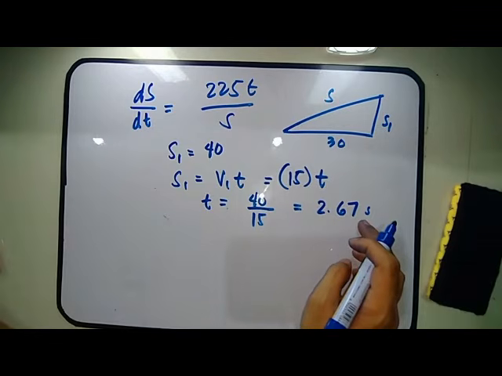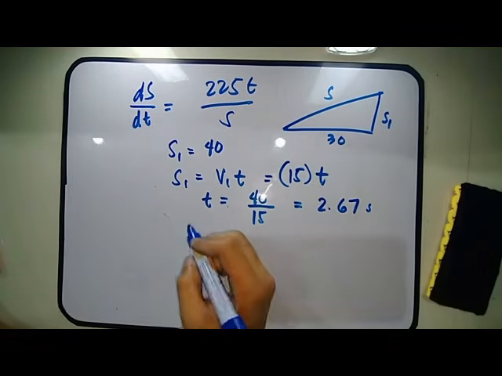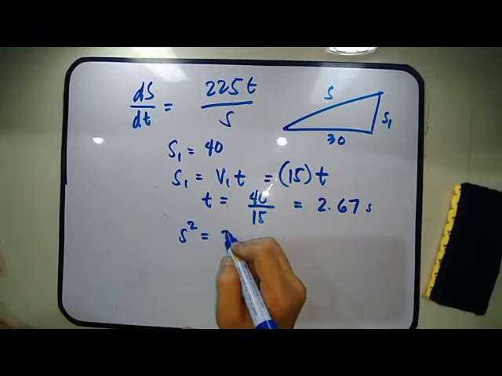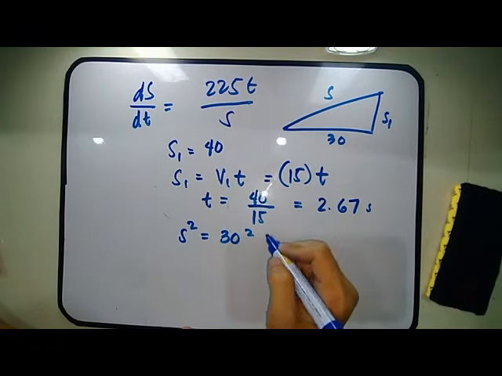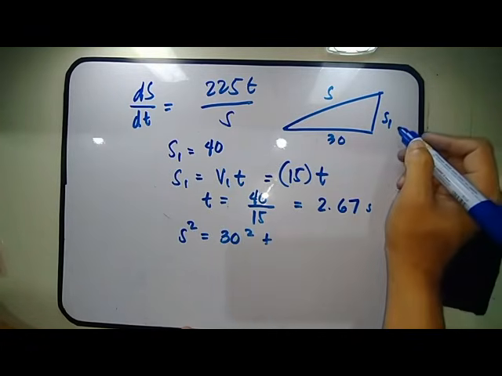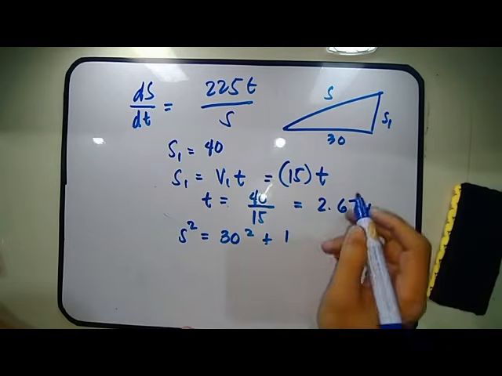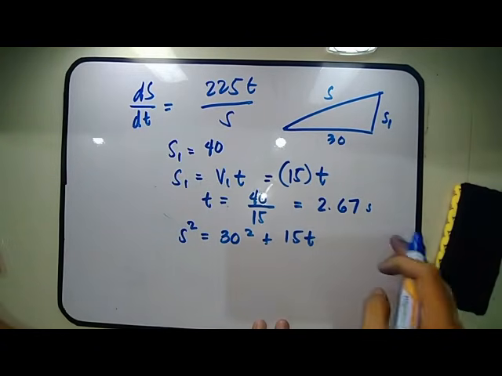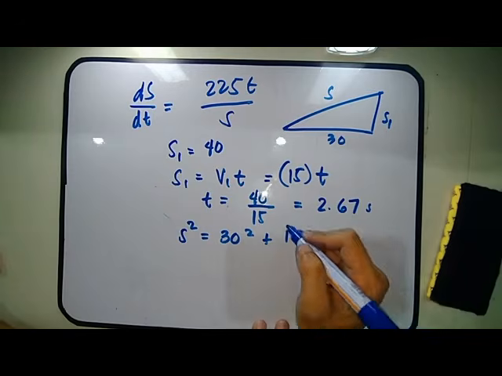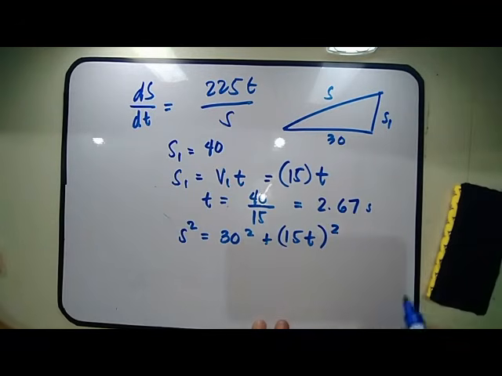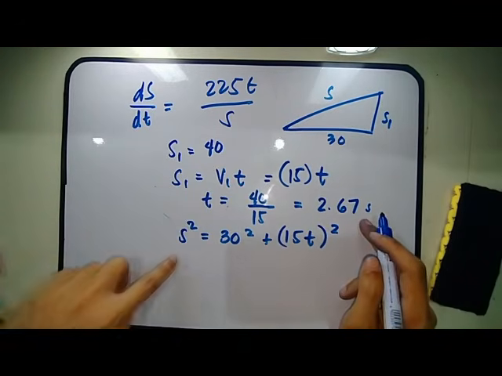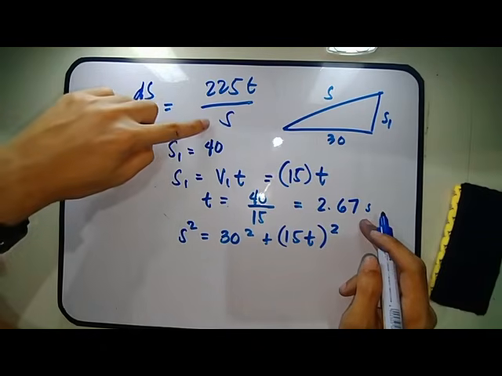Now, what is the distance S at 2.67? We go back to our triangle here. S squared is equal to 30 squared plus S1 squared, and S1 squared is just 15T squared. So at time 2.67, what is S here? We need that in our equation.